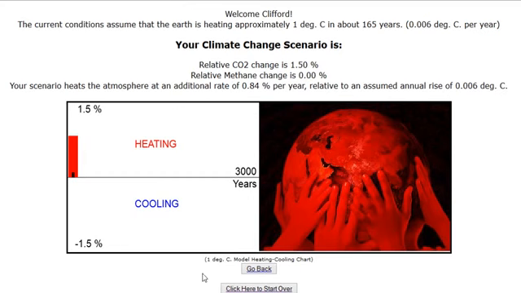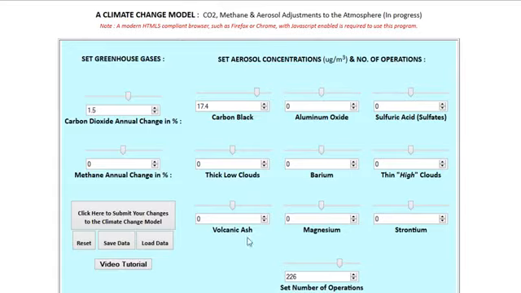Now let's play with offsetting influences. Two things are building things up right now. We know from previous work on the greenhouse gases that I could play with the methane to serve as a counterbalance, but this time let's start playing with the aerosols. Remember, I only have two on here that are candidates for doing this right now.